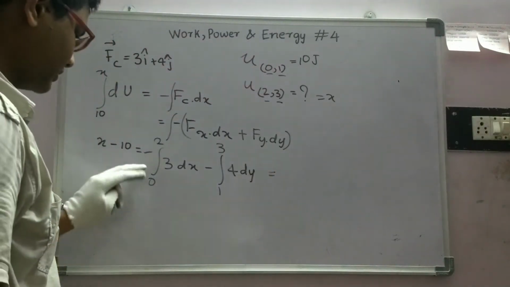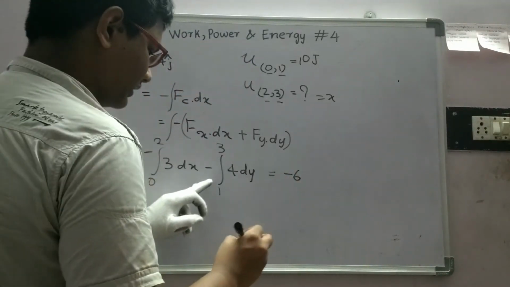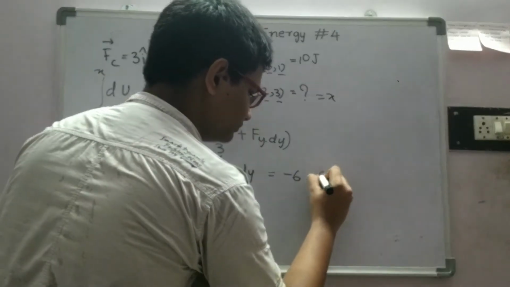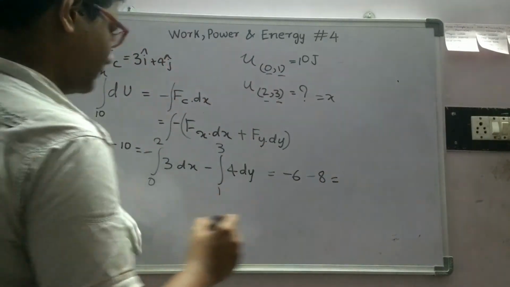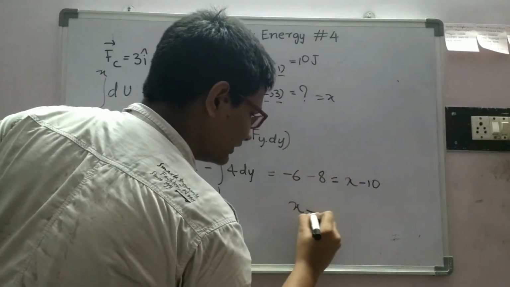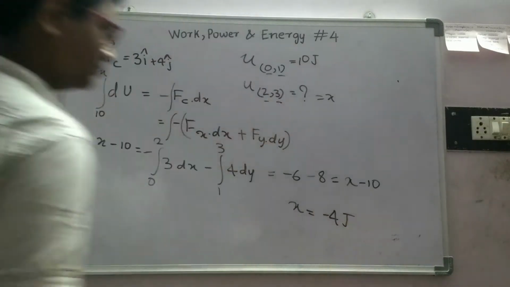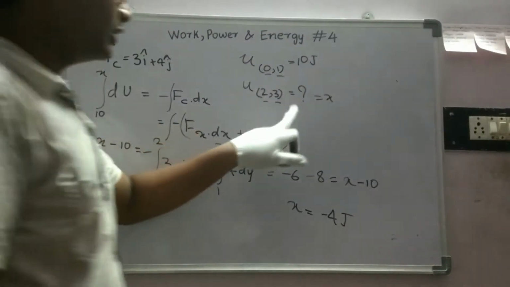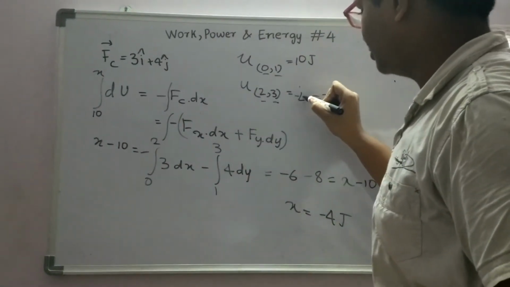Now this is minus 6 and minus 8, right? Is equal to x minus 10. Bringing 10 to this side, we'll get x as minus 4 joule. Now here the potential energy is minus 4 joule.